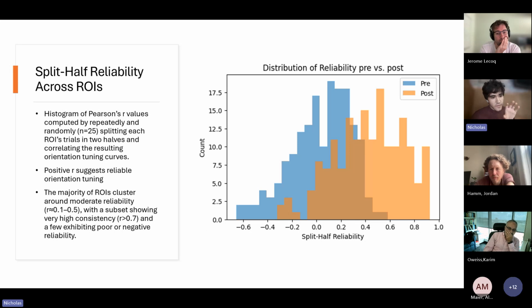And if we were to look at the individual ROIs and how they've changed their orientation tuning, we will find that perhaps they've changed their orientation tuning towards the 0-degree more because of that oddball block.